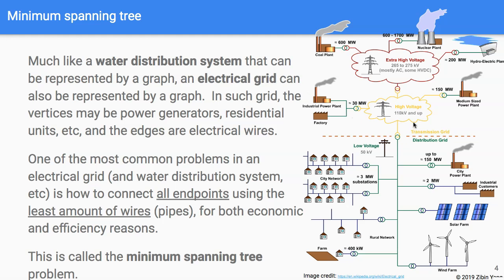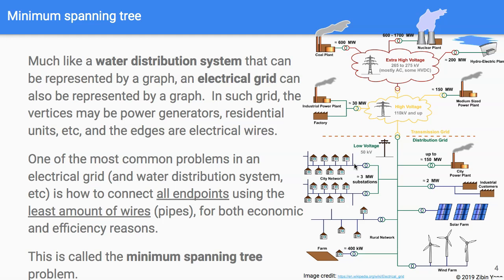In this grid, the vertices are power plants, those that generate power, and the houses or condos that we live in, and the edges that connect the power plants to the residential units are the electrical wires.